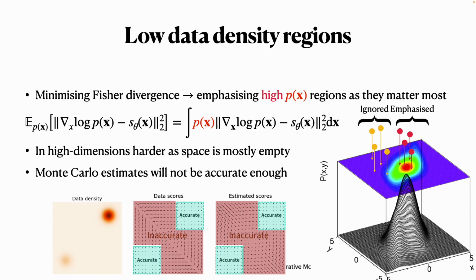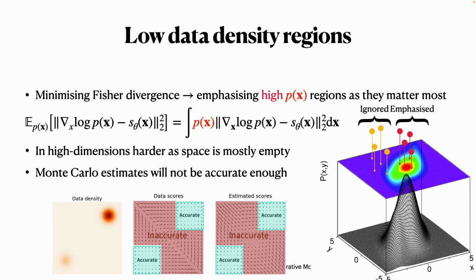The problem is that in high dimensions, most of the space around us will be basically empty, basically zero. And if it's zero, then the Monte Carlo estimation will not be accurate enough, so our samples will have very high variance. This is what you see here. These are the true data scores, and these are the estimated scores. This is my ground truth in this toy example.